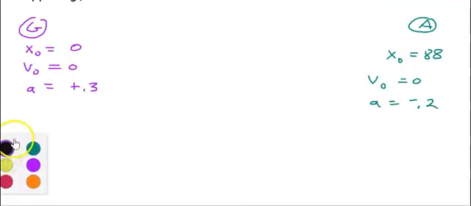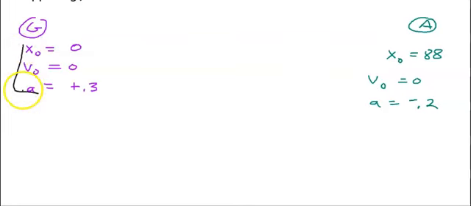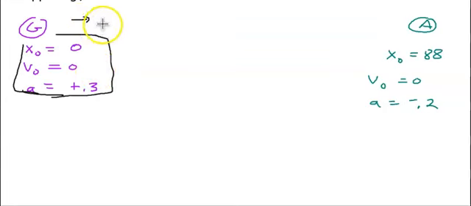Okay, so this is question 30, and I drew a more fun picture in the paper solutions, but in the interest of space, we have these two knights, George and Alfred, maybe? Anyway, George starts at the origin, at rest, gaining speed forward, so that's a positive acceleration of 0.3.